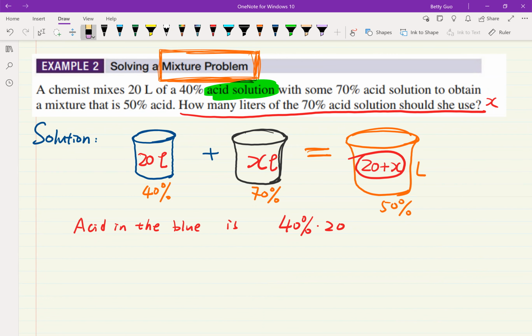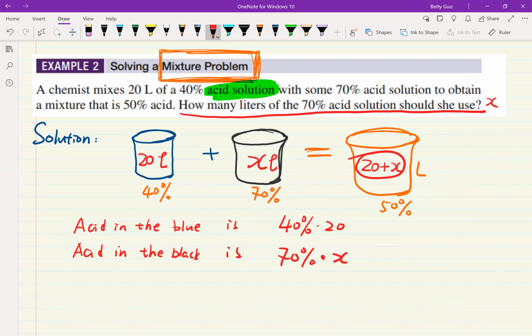How about Ian? Okay, so how many liters of acid in the black container? 70% of X. It has X liters of solution, right? 70% of them are acid.